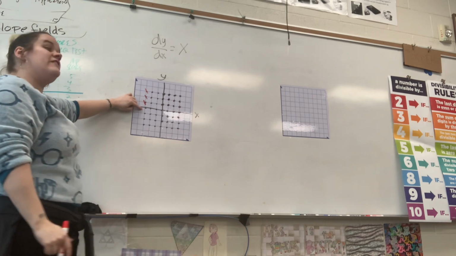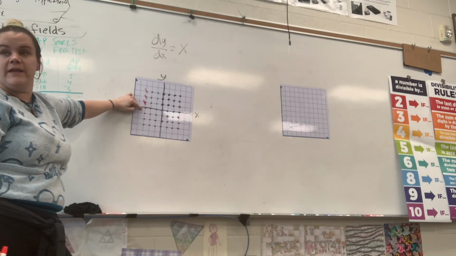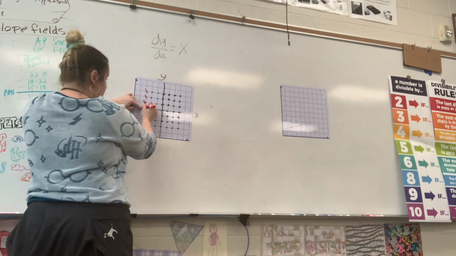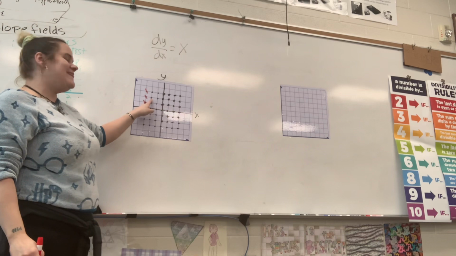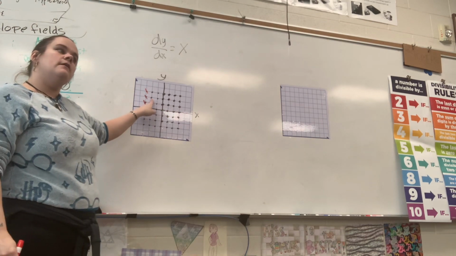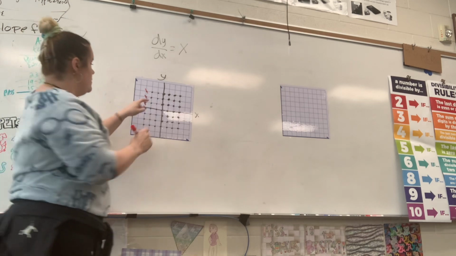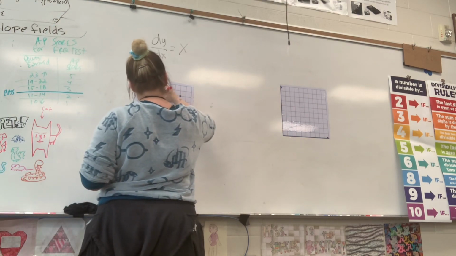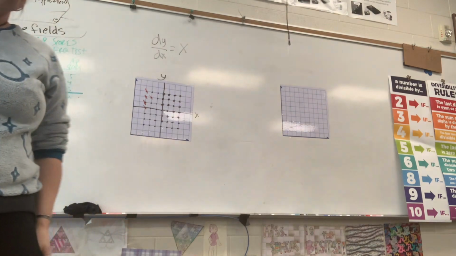I don't know if my graph goes through this point, but if it did, what would its slope be? -3. Okay. I don't know if my graph goes through this point, but if it did, what would its slope be? -2. So it doesn't have to be perfect. I just draw something maybe a little less steep than the previous one, right?